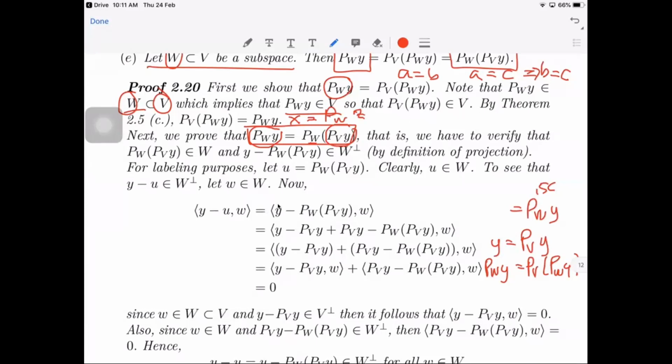So kung projection si X, duha atong ipakita: dapat si X is in W, and Y minus X is in W perp.